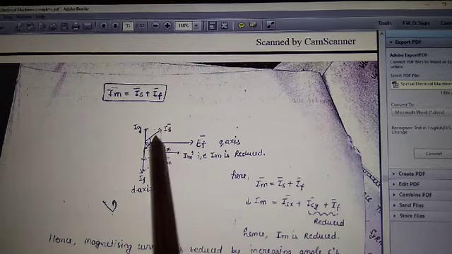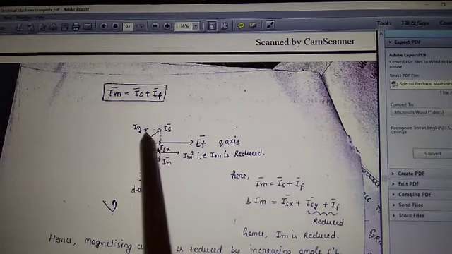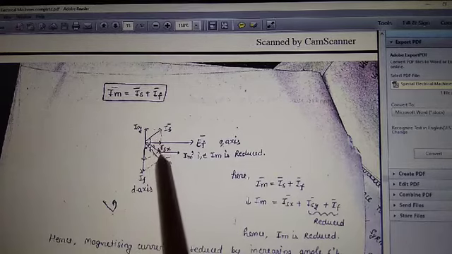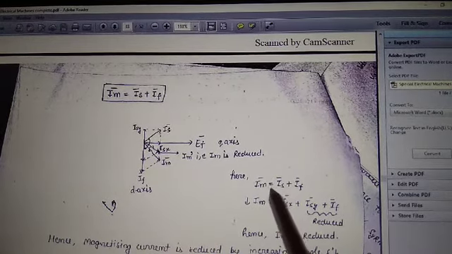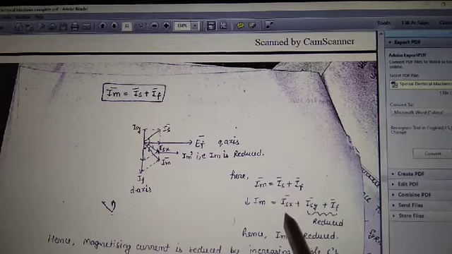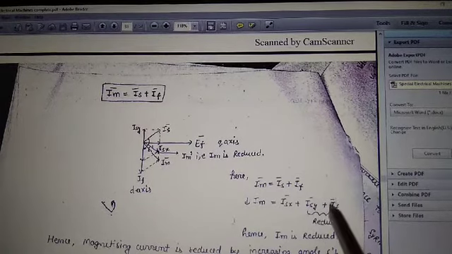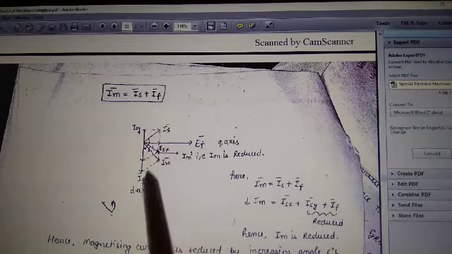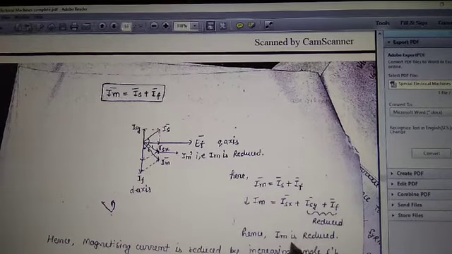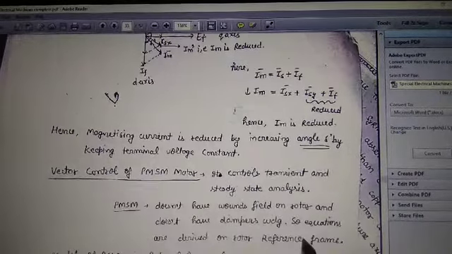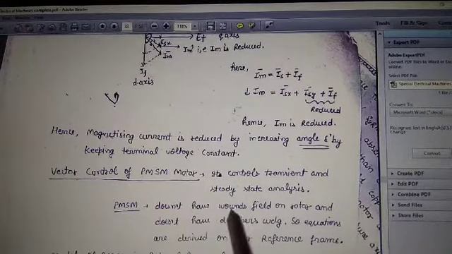This source current has two components, a vertical component and a horizontal component. By increasing the vertical component we will reduce the magnetizing current, that is the field weakening process. So Im equals Is plus If. Is has two parts, Isx plus Isy, and this is the suppressing part, because these are opposite in phase. Isy is upside, If is downside. The total is reduced, that's why Im is decreased. That's why Im is reduced, so speed is increased. Hence the magnetizing current is reduced by increasing the angle delta prime while keeping terminal voltage constant.